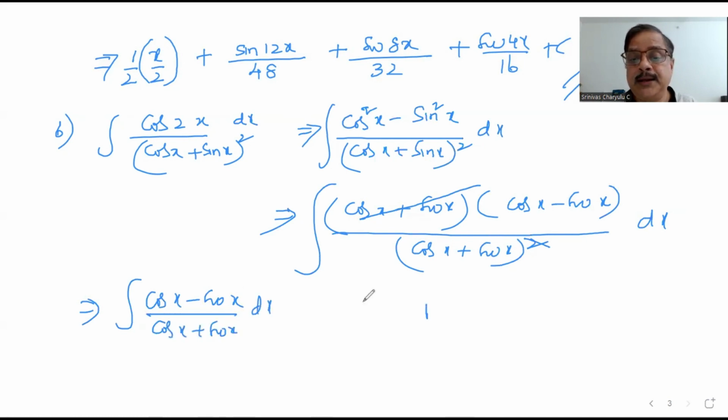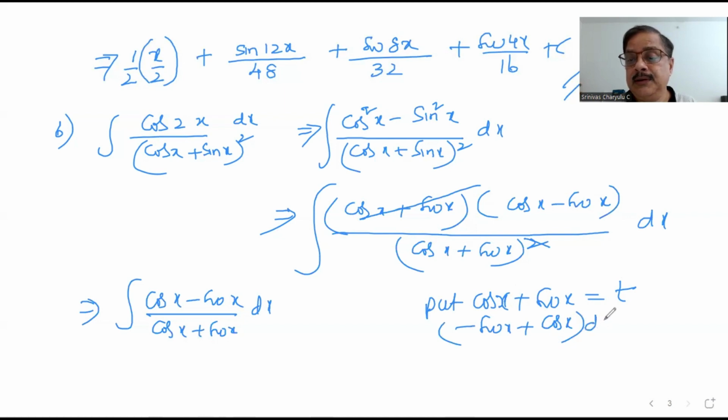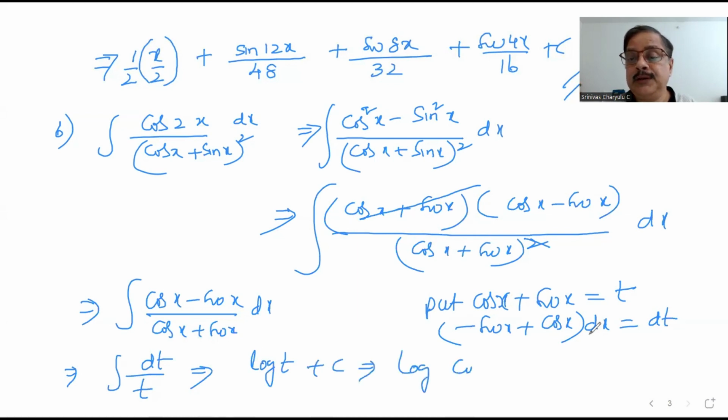So your substitution: put cos x plus sin x is equal to t. Then minus sin x plus cos x dx is equal to dt. So exactly your numerator cos x minus sin x is there. So you can write integral dt divided by t. So log t plus c, that means log of cos x plus sin x plus c. Over.